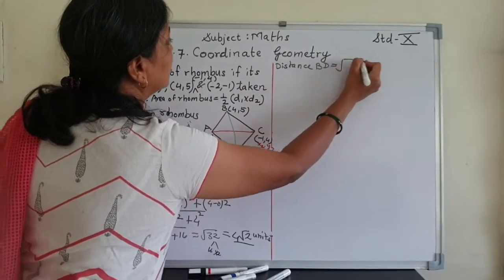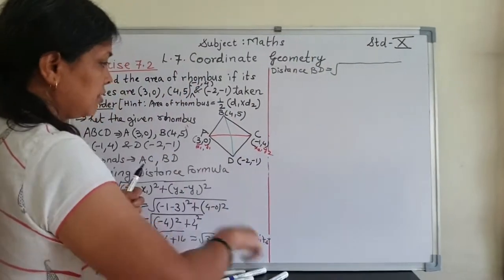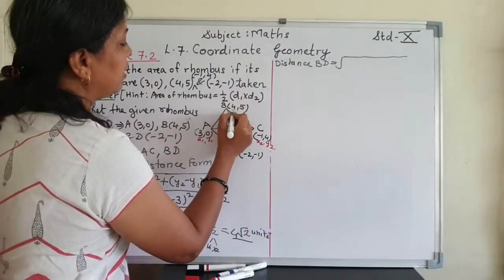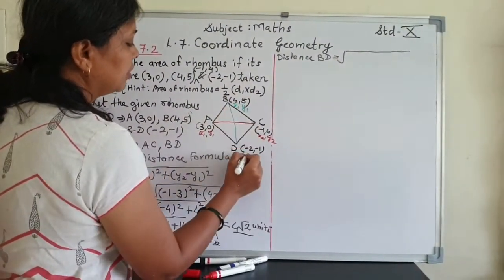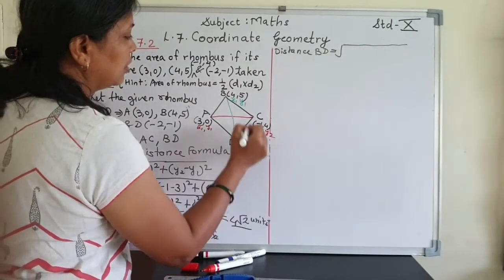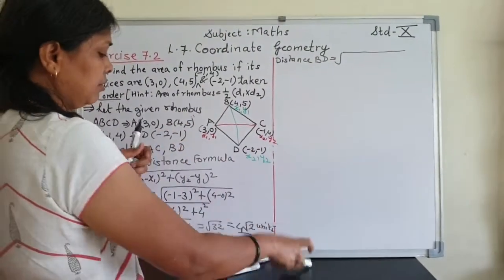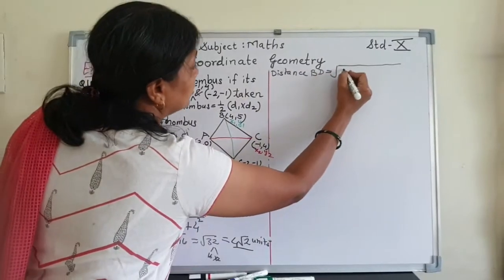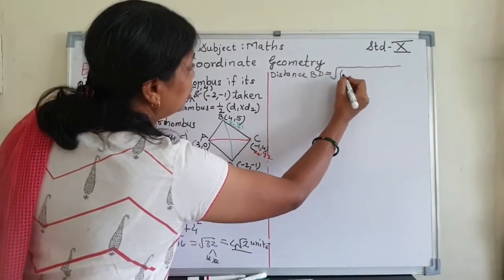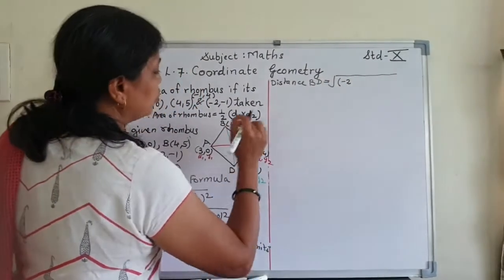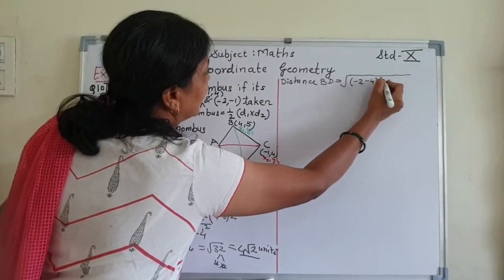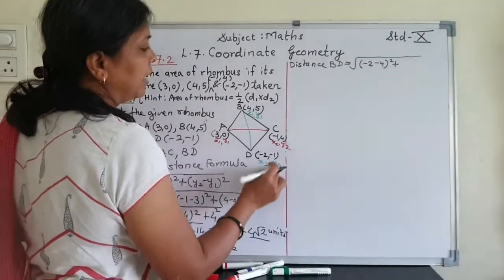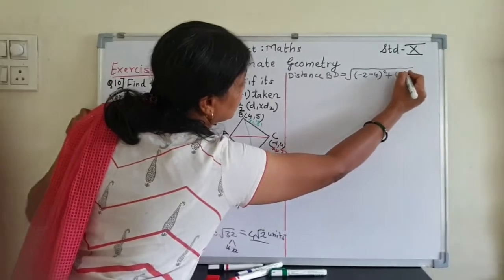Now again, first decide what is x1 and what is y1, and then write it here. So under the square root, in bracket minus 2 minus 4 whole bracket square plus minus 1 minus 5 whole bracket square.